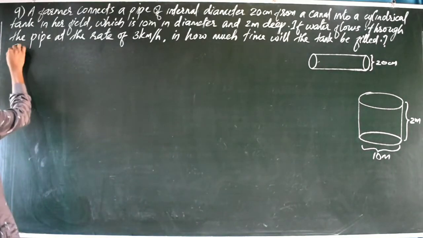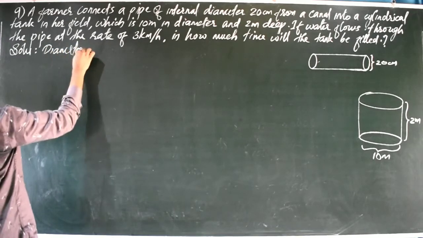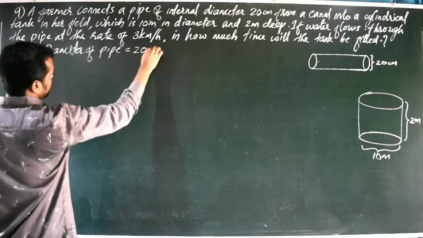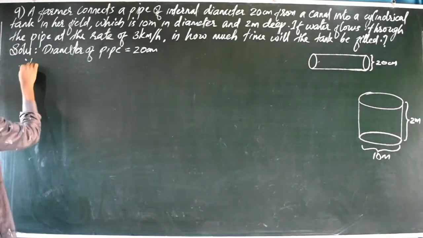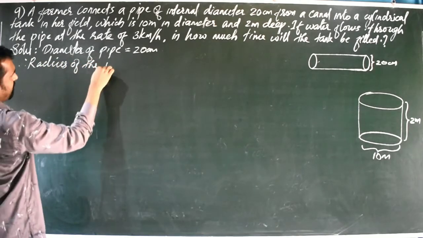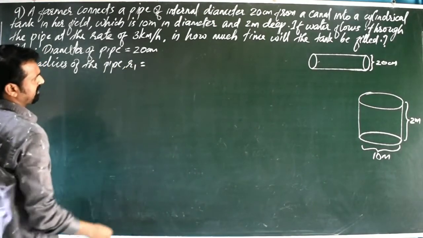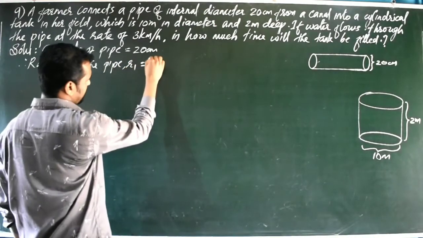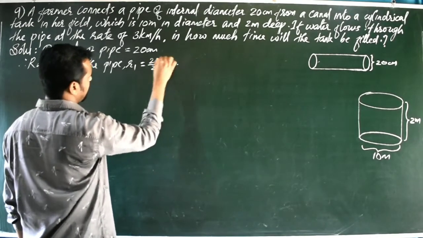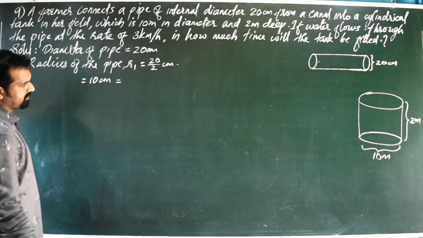Okay, now first we will write, diameter of pipe is equal to 20 centimeter. Therefore, radius of the pipe, that we will take as R1, is equal to 20 divided by 2, that is equal to 10 centimeter. We will convert it into meter.